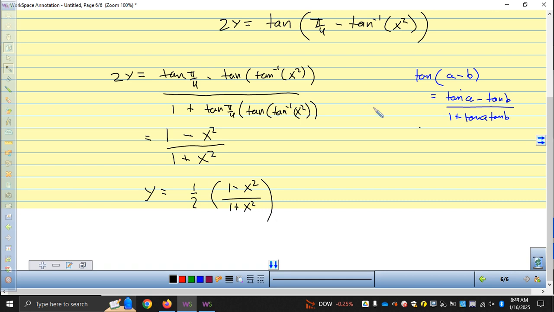There are formulas, just be aware, for future reference for the sums and differences of all of the trig functions. Sine of a plus b, cosine of a plus b, sine of a minus b, cosine of a minus b, etc. So if you integrate and you get a cosine of y squared equals the cosine of 3x plus c, you can get an explicit solution there.